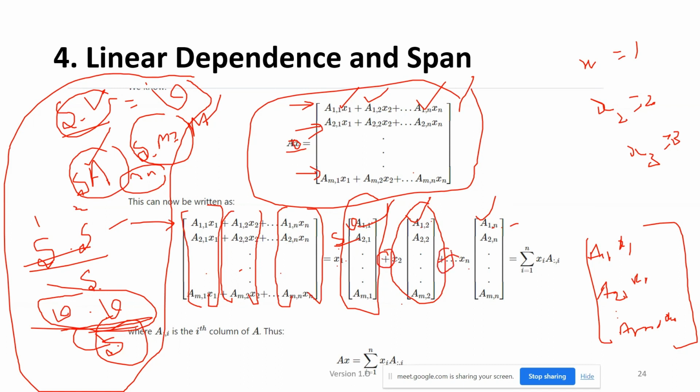Addition of vectors: vector plus vector generates a vector. Matrix addition: matrix plus matrix gives a matrix. Scalar times vector gives a vector. You should remember this. So by adding all these things, we'll get AX.